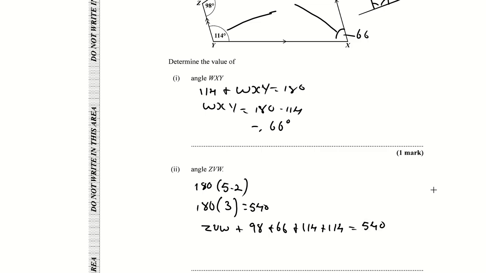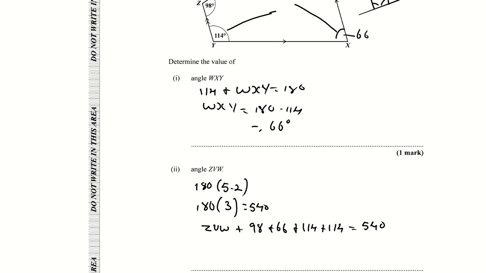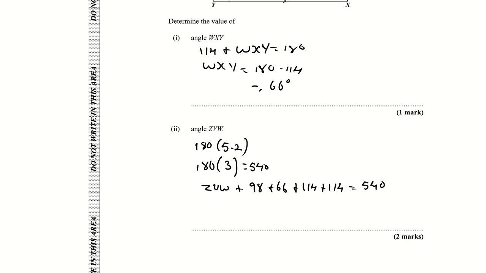What I did is I added up. I know this is 66, this is 114, this is 114, this is 98. So I want to find this last angle. I add this all up and I'm going to get 392.